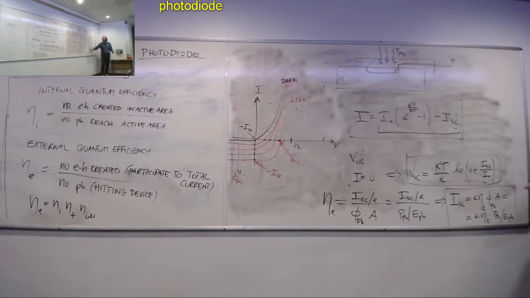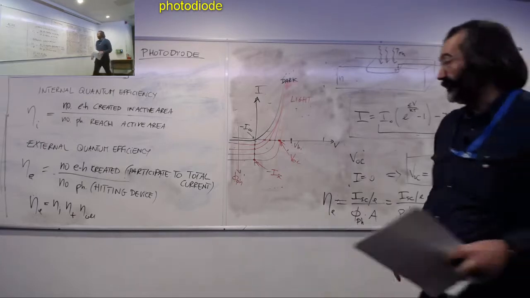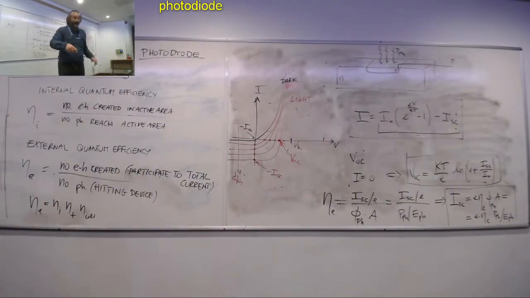Okay, so VOC, nonlinear dependence on the photon flux. ISC has a linear dependence on the photon flux. We like linear dependencies, especially for detectors. It's very important to have a linear dependence. So we definitely like ISC being linearly dependent on the photon flux.